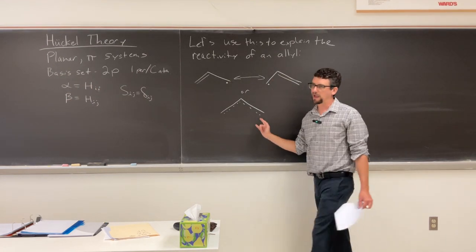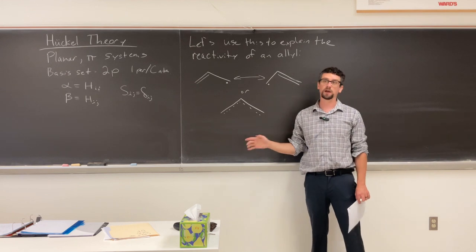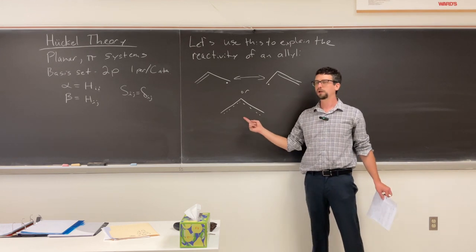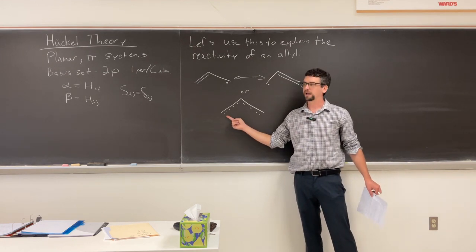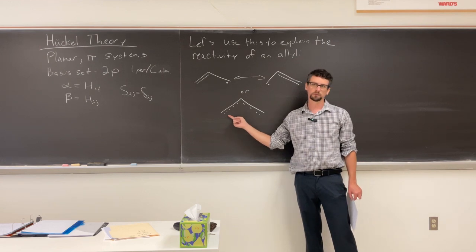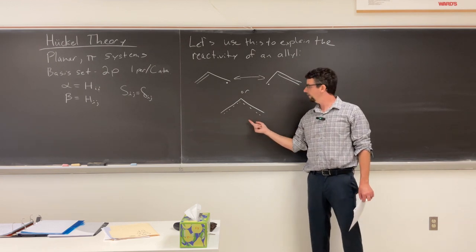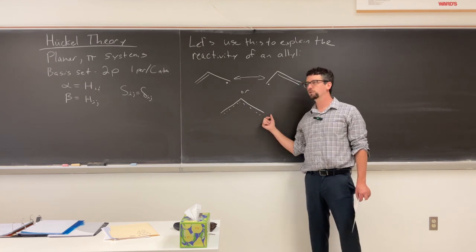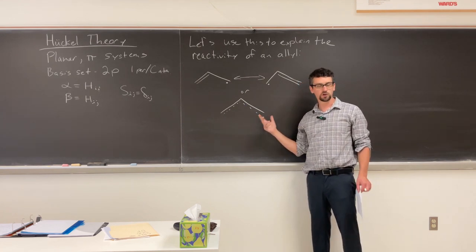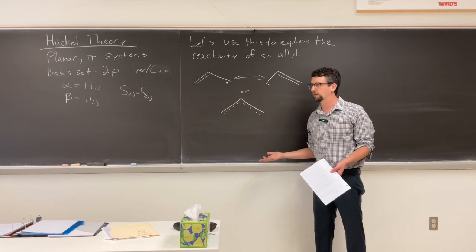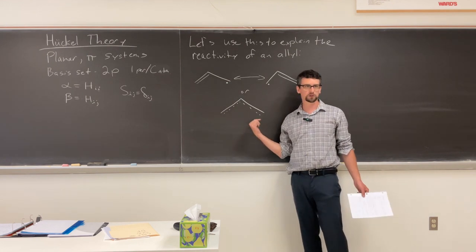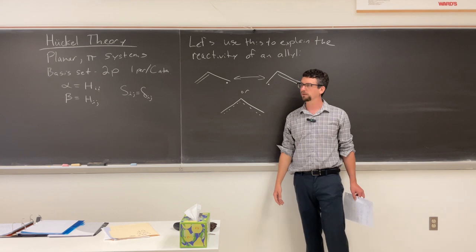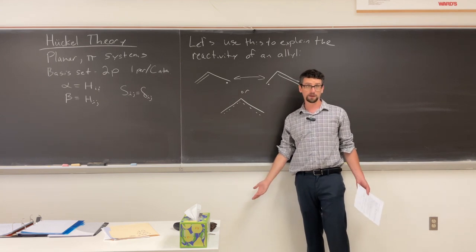So knowing that, if you were to guess without any prior knowledge, if I wanted to react to this thing, it looks like carbon number 1, carbon number 2, and carbon number 3 should all kind of behave the same, right? It's delocalized, so it should react at any point with equal probability.